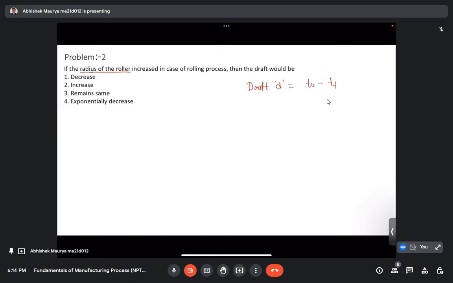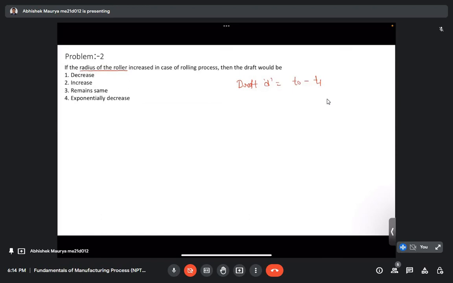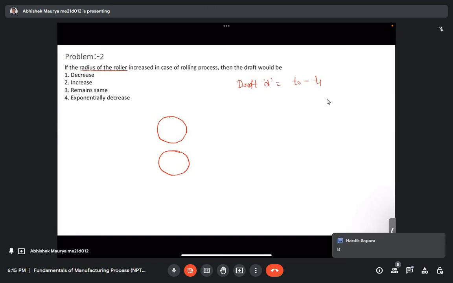Suppose we have two conditions of the rolling. Here we have a roller with a small diameter, and let's try to make another schematic. Yeah, Hardik, you are correct.